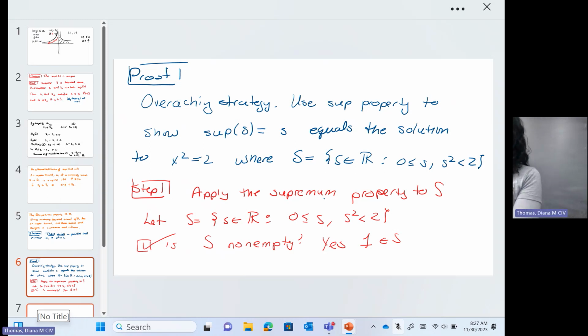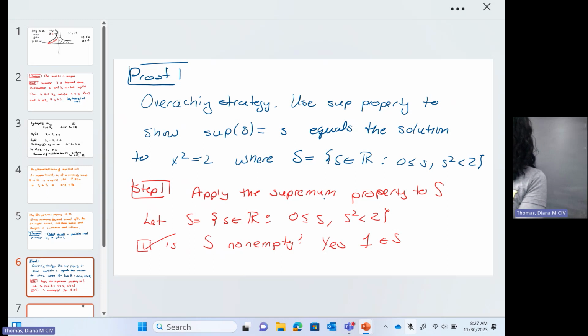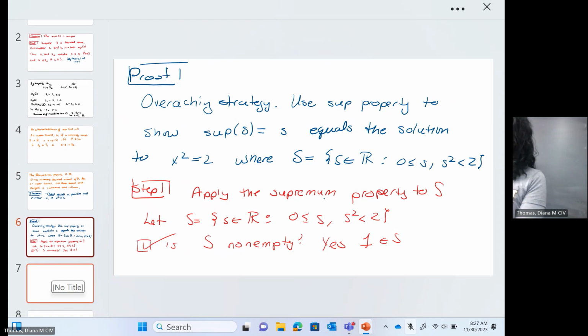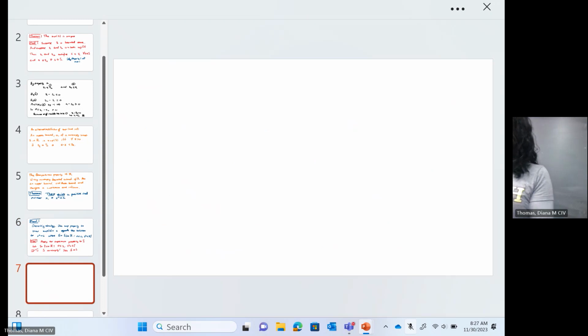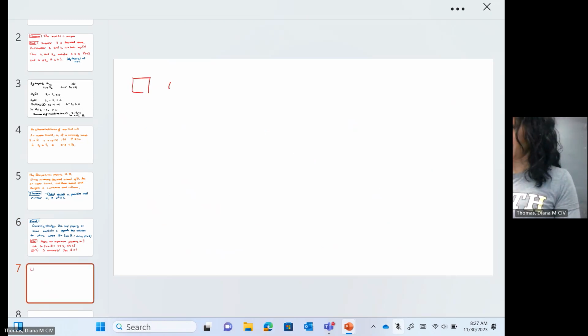You can do 100 if you want. That'll work. Because 2 squared, yeah, so 2 will work. Why would 2 work?